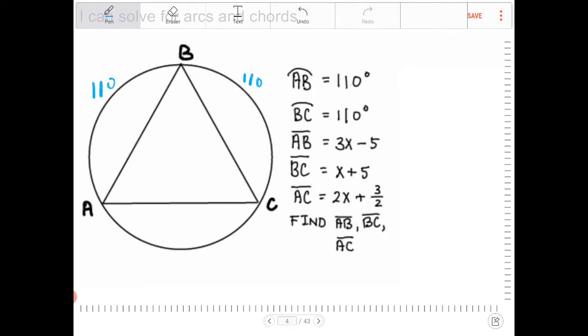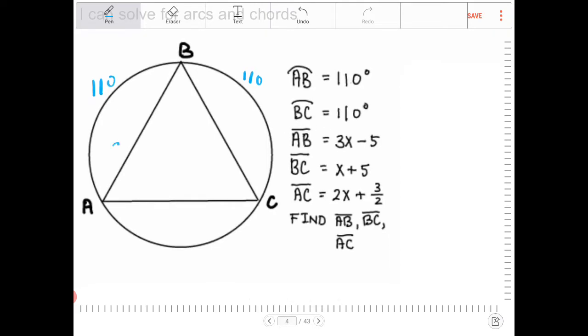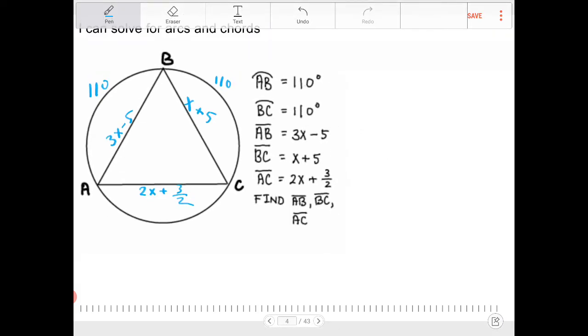I know that chord AB is equal to 3x minus 5, and chord BC is equal to x plus 5. And I also know that chord AC is 2x plus 3 halves. How can I find the length of chords AB, BC, and AC?